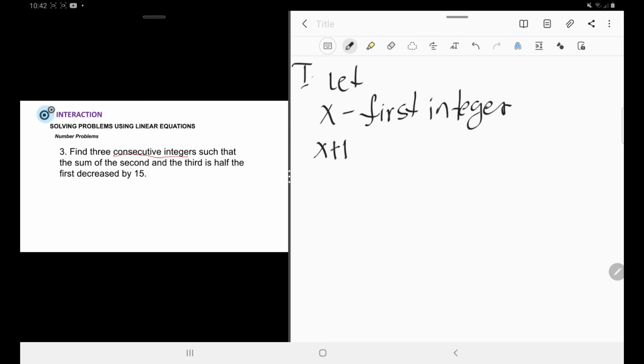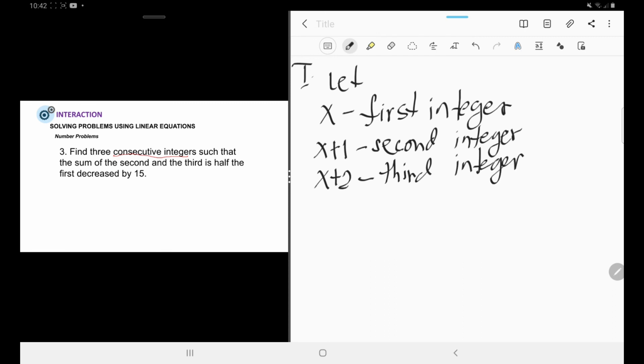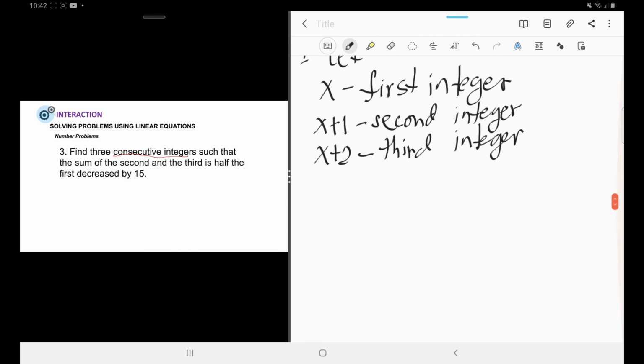So x plus 1 is the second integer, and the third integer is x plus 2. Okay, so x is the first integer, x plus 1 is the second integer, and x plus 2 is the third integer. So we are now ready to write the equation.